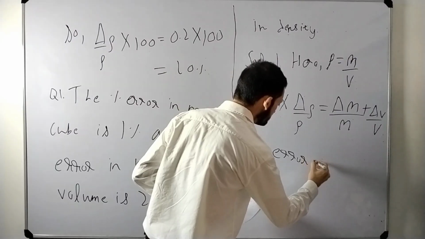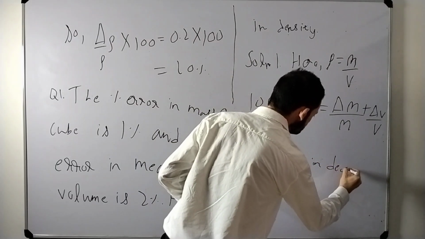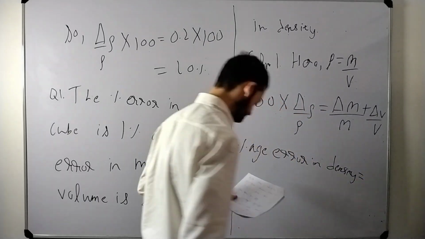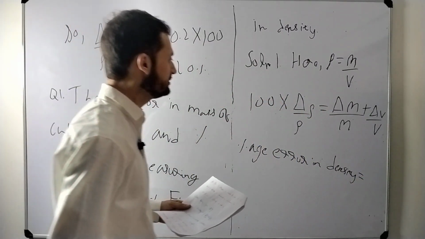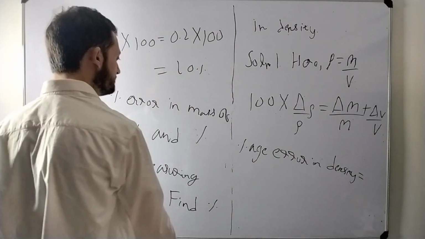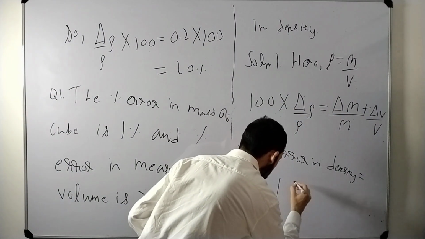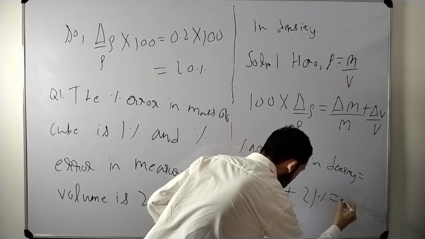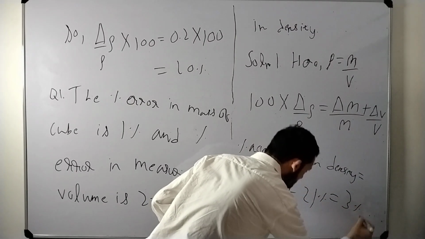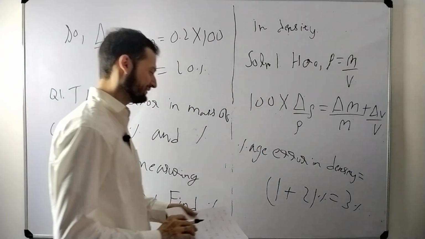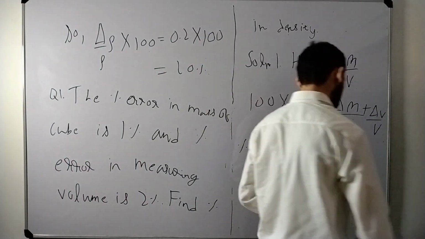Error in density is what? Students, this is already given here. 1%, 2%. So this makes 1 plus 2%. Actually, the answer is 3%. So simple. So the next part.